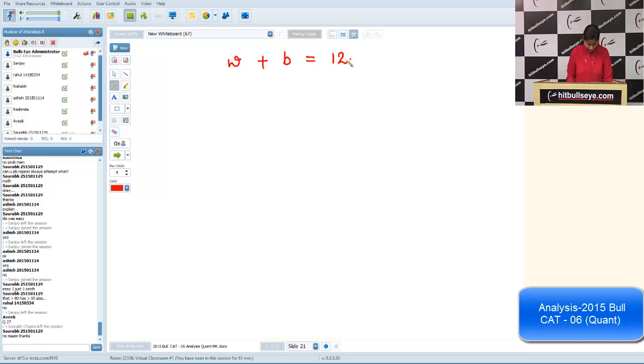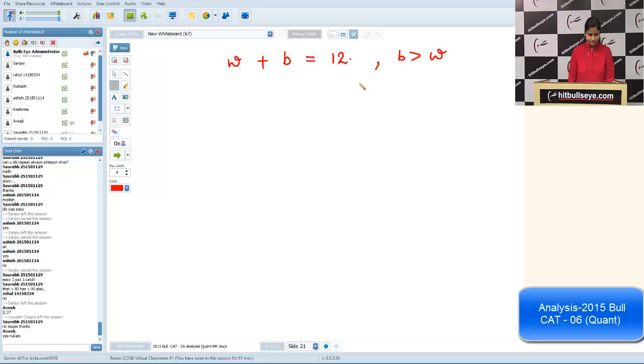And there is one more thing mentioned: more black than white balls. Are you getting me, Avik? You know the question? So what was the question? It says it is found that the player has an equal chance of winning or losing.